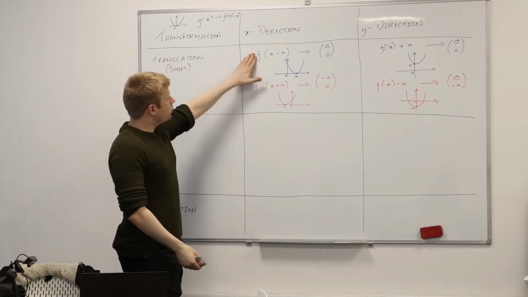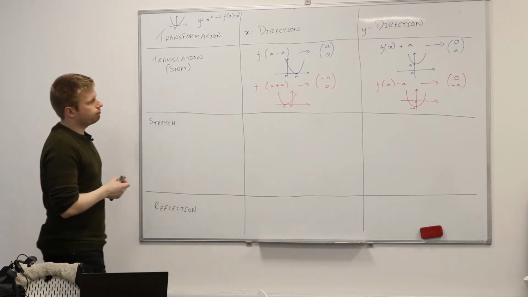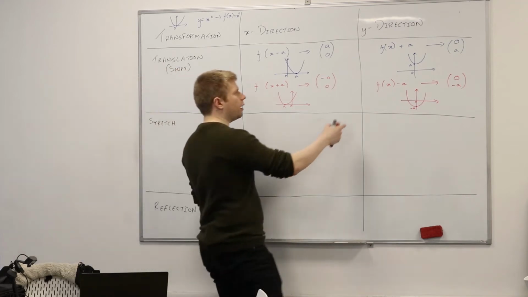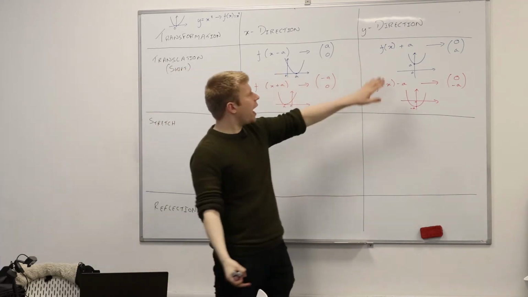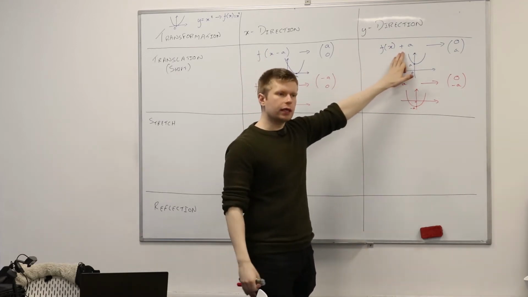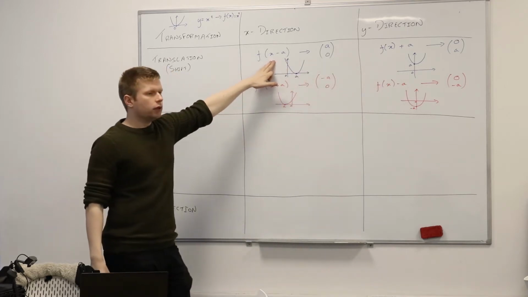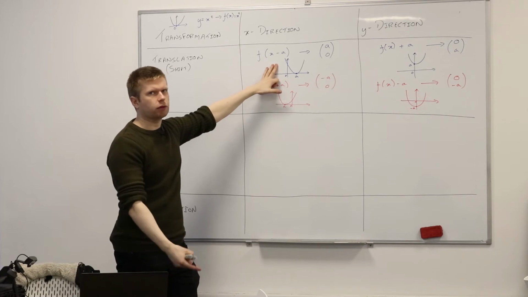So you notice that's the positive direction, that's the negative direction. But you notice now with the y direction translations, it's exactly what you think it should be. If I write x squared plus 4, you think, oh right, that's upwards by 4. Whereas this one gets a bit wrong. x minus 3 all squared means move to the right by 3, not to the left.